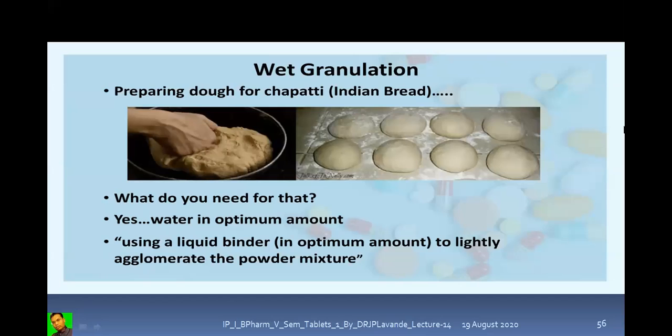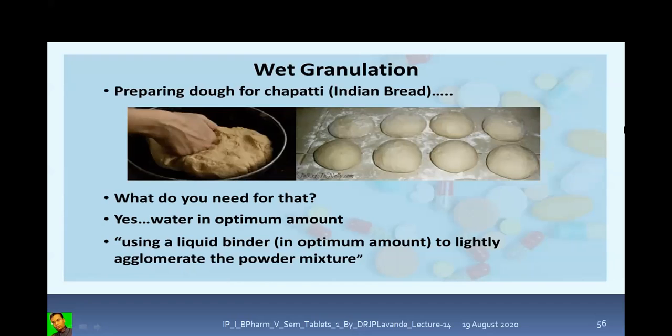Directly we are adding the water? No. Slowly we go on adding the water in order to get the desired consistency of the dough. We are not adding the required amount of water directly. Let us say, for example, if we require a glass of water for 1 kg of flour, we do not add the whole glass of water at a time.